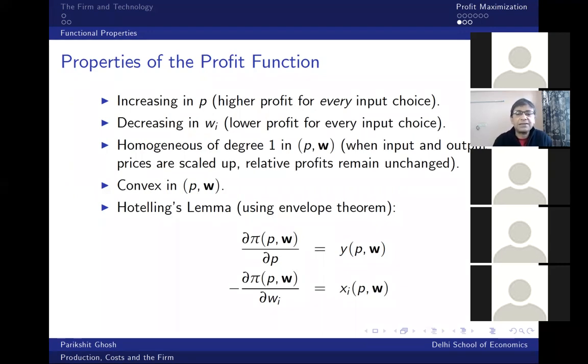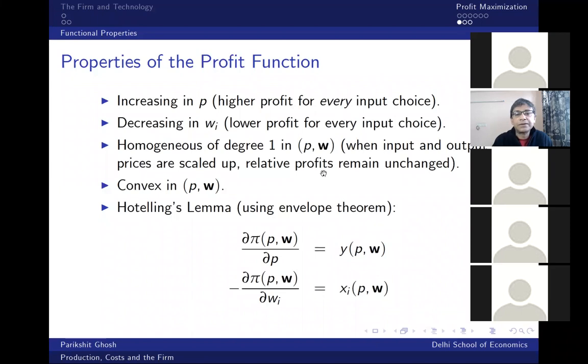So yes, concave production functions mean convex cost functions, or convex production functions mean concave cost functions, but no such linkage exists with the profit function. The profit function is always convex, because it's a different object. It's not the same as the cost function.